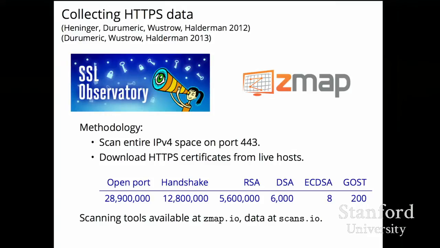And of that, you can download certificates, and you end up with about 5.6 million distinct RSA keys, 6 million distinct DSA keys, a very small number of ECDSA keys, which has gone up since but is still quite small because most certificate authorities don't issue these, and a few hundred GOST keys, which is a Russian cipher suite that is not commonly used outside of Russia. So you can repeat all of this research as you would like. So that's something like what HTTPS looks like.